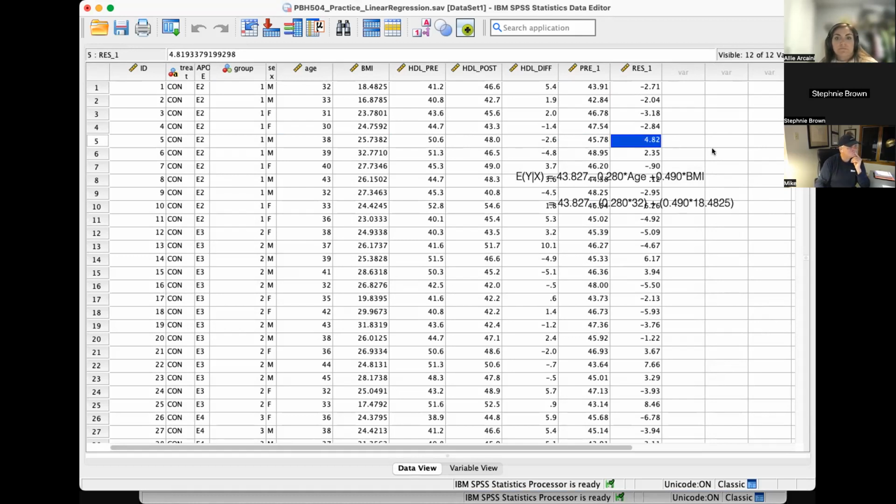But you have to think about it graphically, right? The regression line, or in this case a plane, represents the prediction, and the residual is the distance, negative or positive, from that line. So if the line is at 45, but the person's data point is at 50, then that's a positive residual, they're above the line.